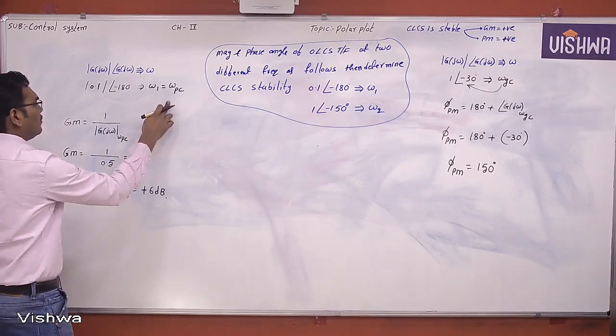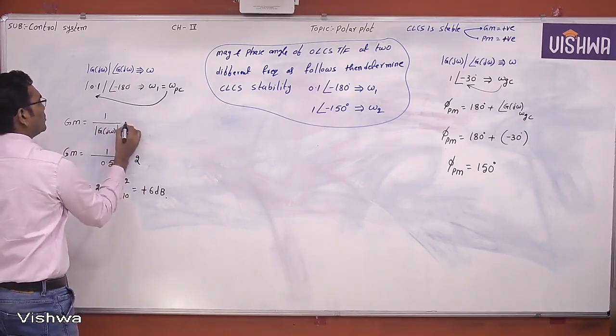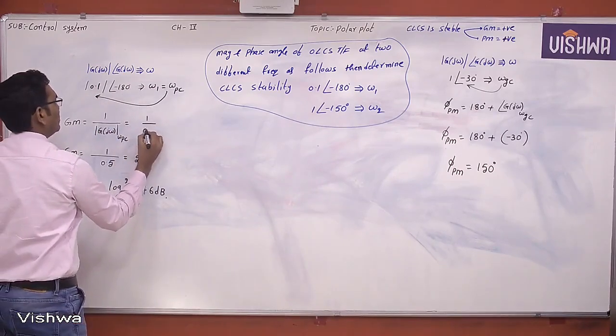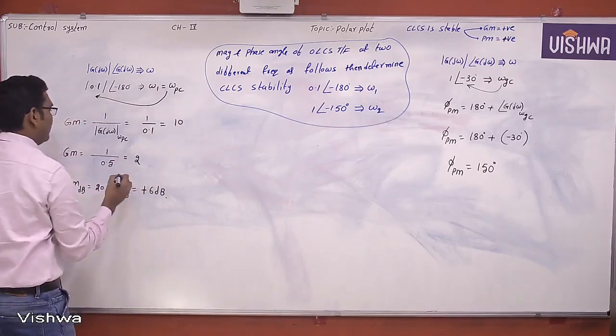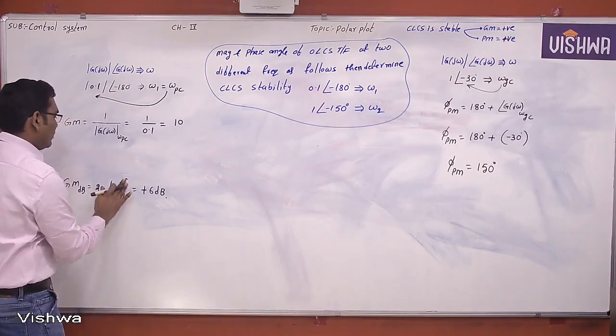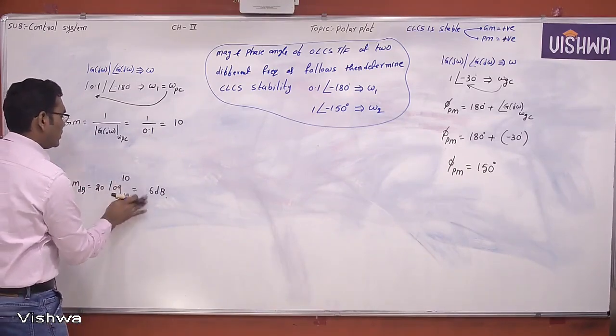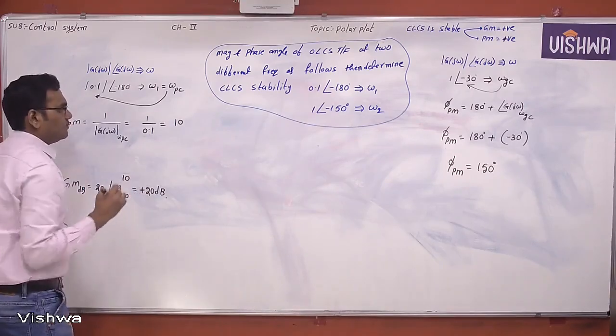At phase crossover frequency, the magnitude is 0.1, so 1 by 0.1 is 10. What is the gain margin in dB? 20 log 10, which is plus 20 dB.